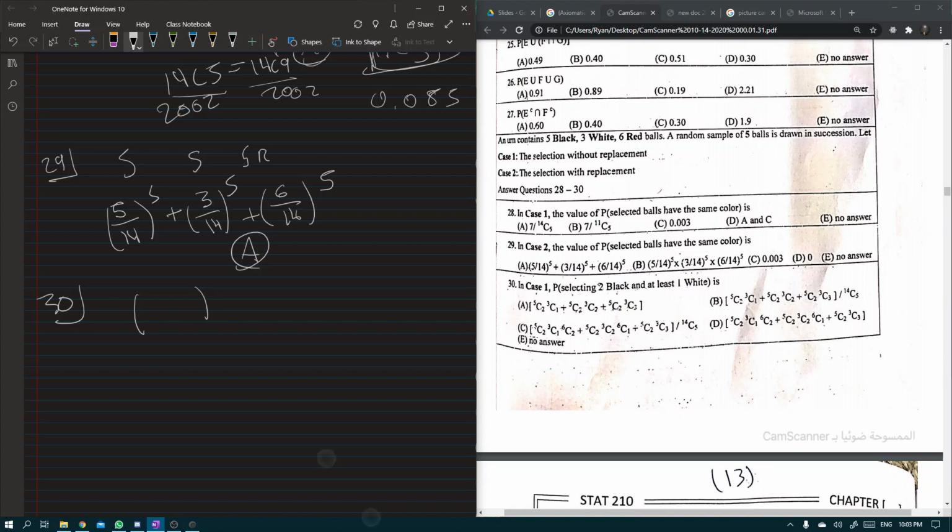In all cases, there's going to be a 5C2. There has to be 2 black, always 2 black. So let's ignore the black and focus on the other 3. You could have 1 white, and the rest will be red: white, red, red.